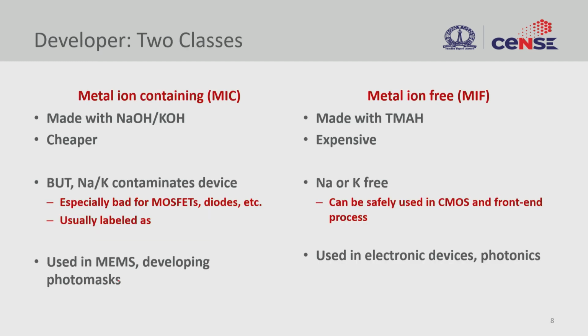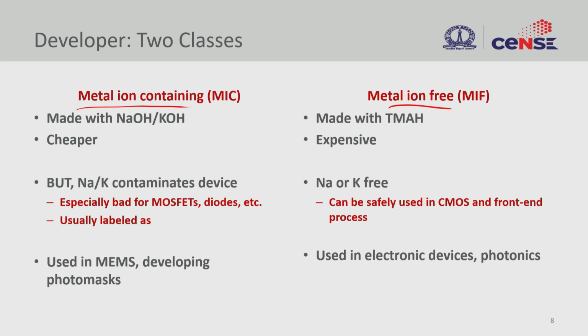And the developers are of two classes. One is metal ion contaminated and the other is metal ion free. So why metal ion free and metal ion contaminated? This has a direct influence on the quality of silicon that we get, right?